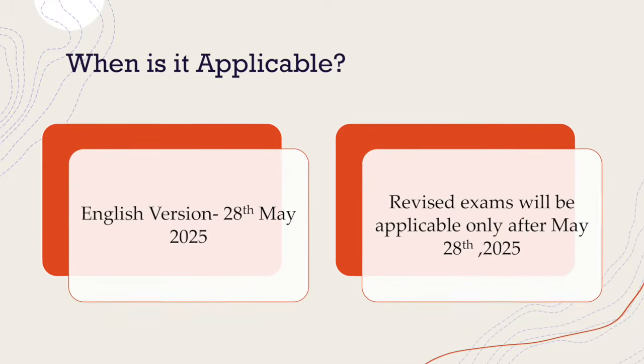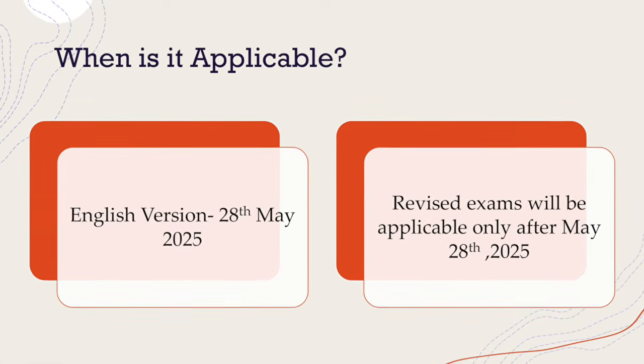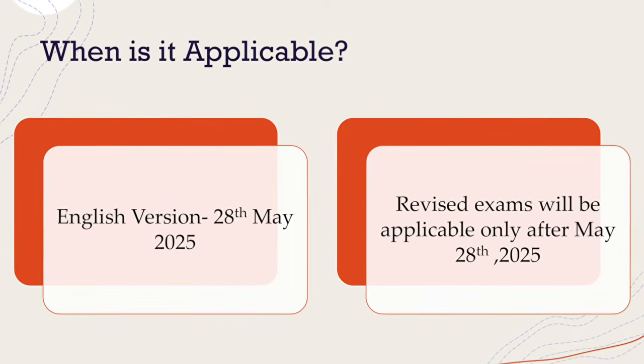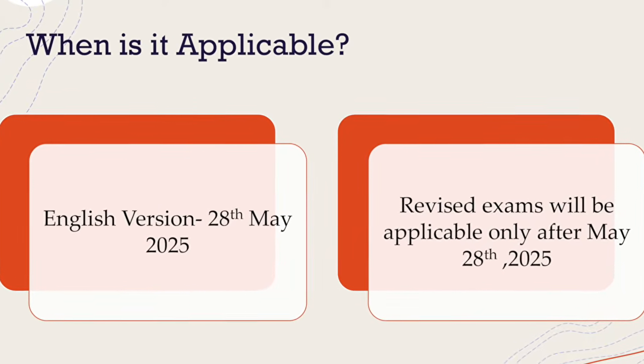Yes, 2025 is a year where we will see all three parts of CIA exam syllabus to be changed. When will this be applied? So the official date for English version is 28th May 2025.